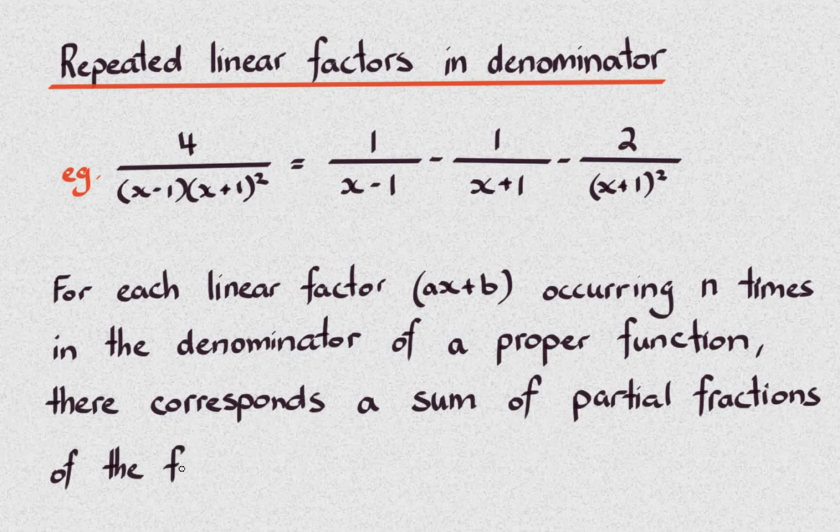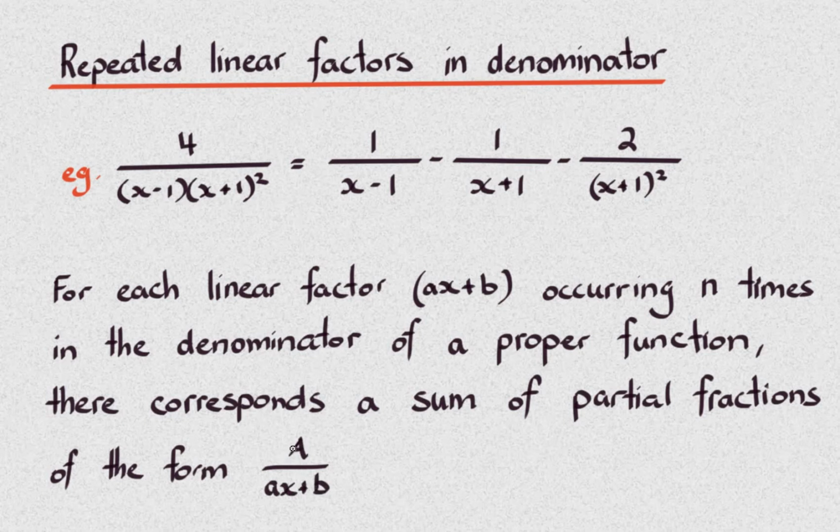Keep thinking about the one we focused on, where it was squared, it occurred 2 times. We're going to see our first fraction with some unknown on the top over our linear factor.